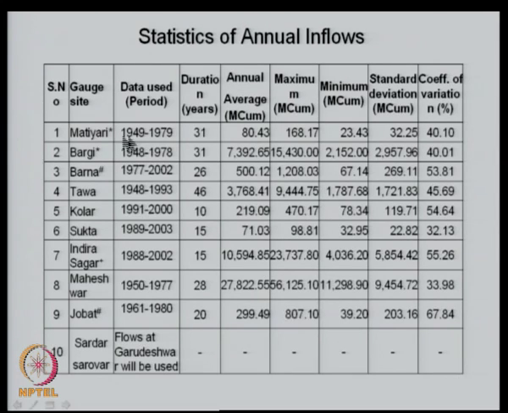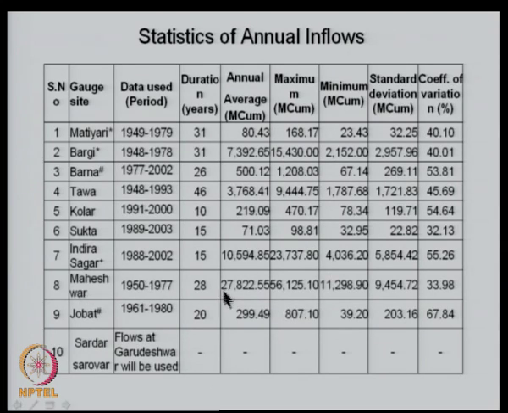See, for example, Matyari, which is a small reservoir on the tributary, has an average annual flow of 80.43 compared to that at Bargi, which is 7,392 million cubic meters. So, this will give you an idea of the magnitude of the difference that you can expect as you come down. This is a major river, Narmada.